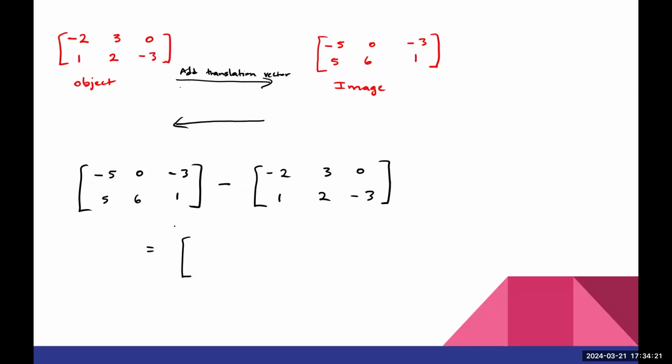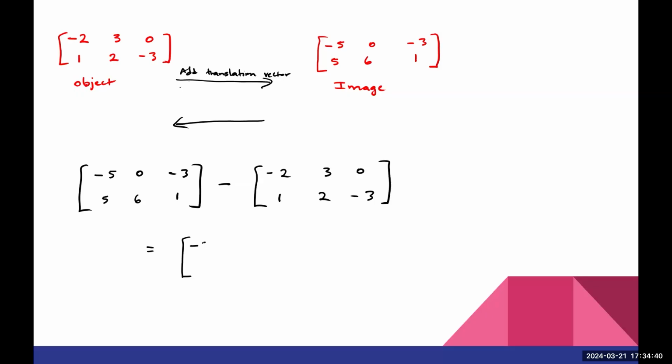Right, so check again. Remember, this is saying -5, take away -2, which is -3.